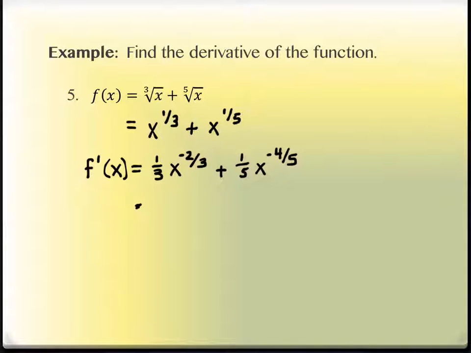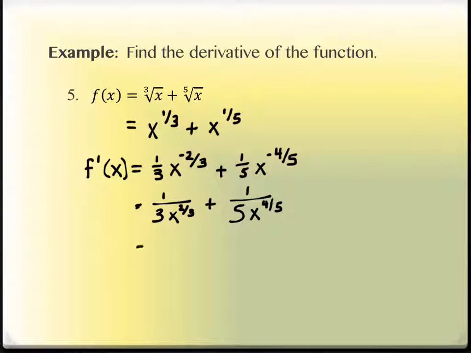So I'll take it in a couple of steps just to make sure everybody's okay with this. The first thing I'm going to do is to move this to the denominator, 2/3. It is possible that WebAssign will take this as an answer at this point. That's quite possible. When I'm looking for it on the quiz, I will guarantee you, like on Friday, that this is not going to be an okay place to stop. If it starts in radicals, you're going to end in radicals. Okay?